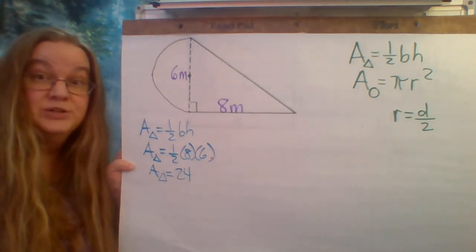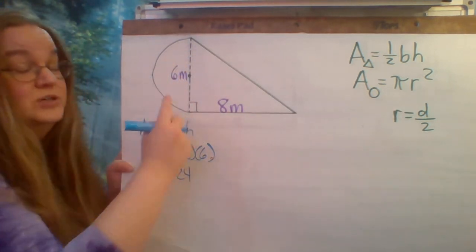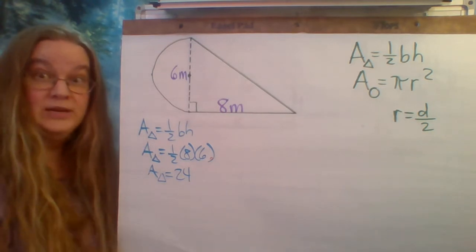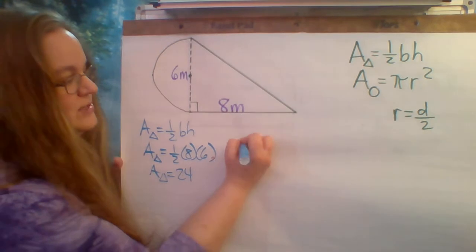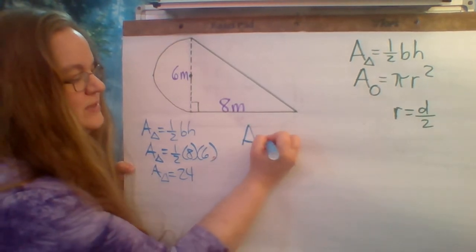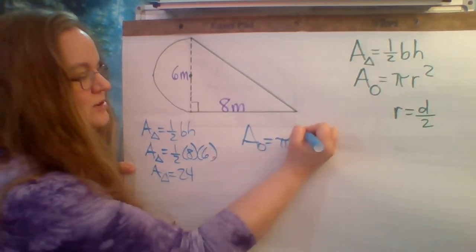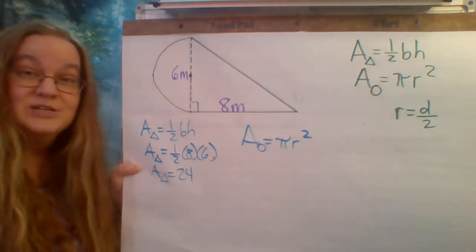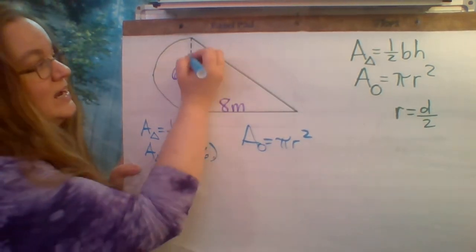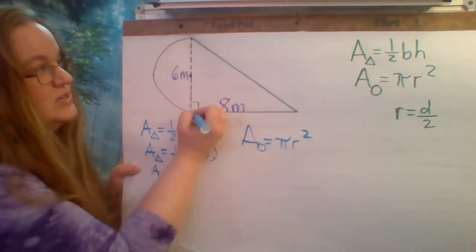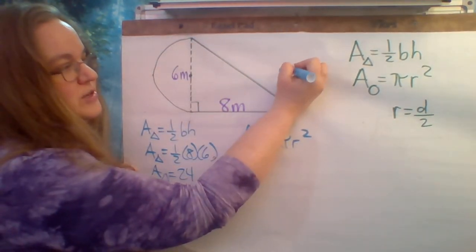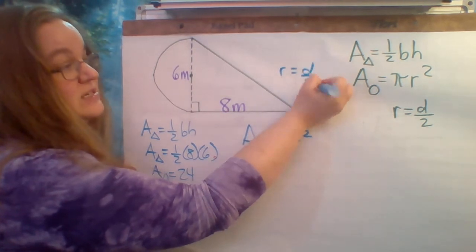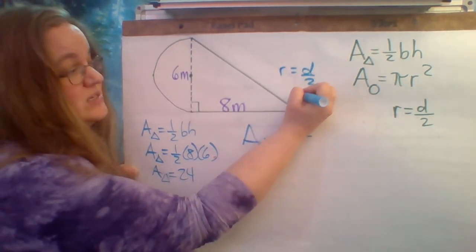Now we're going to take a look at the semicircle. Remember, we're going to treat it like a regular circle, and at the end, we're going to divide by 2. Okay, so the area of a circle is pi r squared. The problem is right now I have a diameter because 2 represents this entire space. So the first thing I want to do is figure out what the radius is, and the radius is half the size of the diameter.